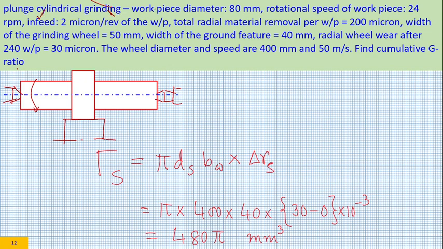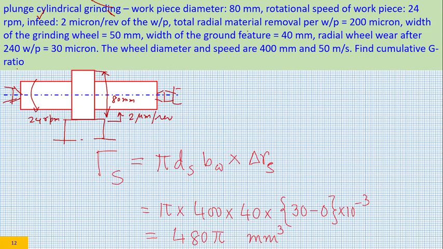This is cylindrical grinding. Workpiece diameter is 80 millimeters. Rotational speed of the workpiece is 24 RPM. Infeed, so this is the grinding wheel which is going in this direction, is 2 micron per revolution of the job.